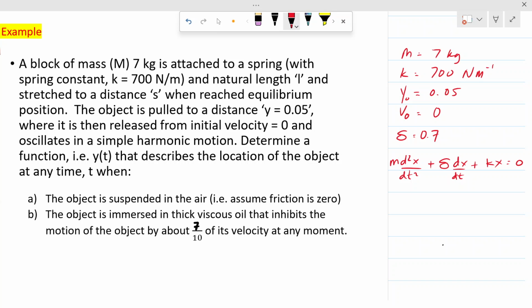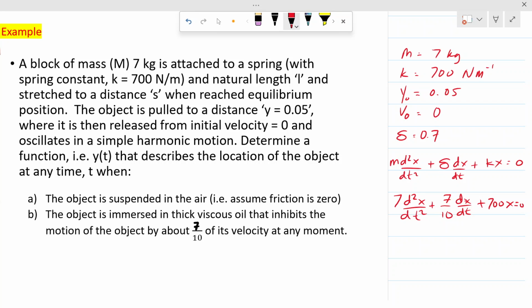So if we plug in all our information, m equals 7, d square x over dt square plus a constant 0.7, let me just write 7/10, of the velocity, which is dx over dt, plus k, which we are given as 700, times x equals 0.